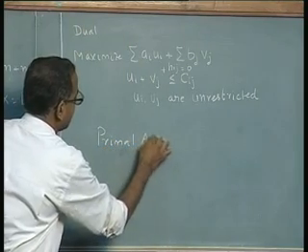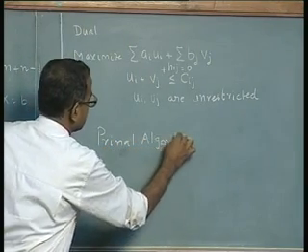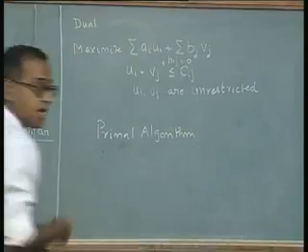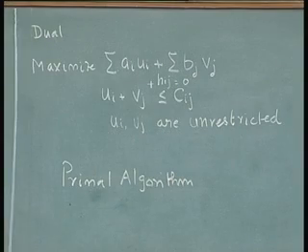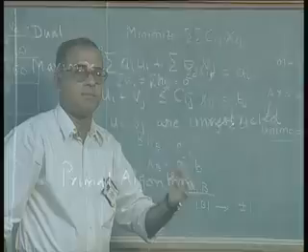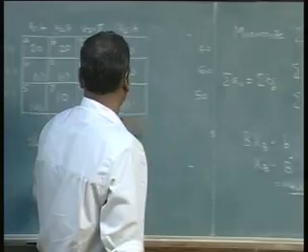Remember that we saw what a primal algorithm is and what a dual algorithm is. A primal algorithm is one which will start with a basic feasible solution, establish the complementary slackness, evaluate the corresponding dual, and if the dual is feasible then it will give optimal to both primal and dual, which is exactly what this algorithm does.